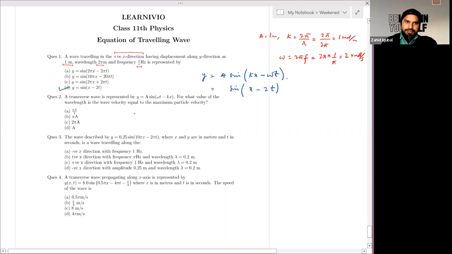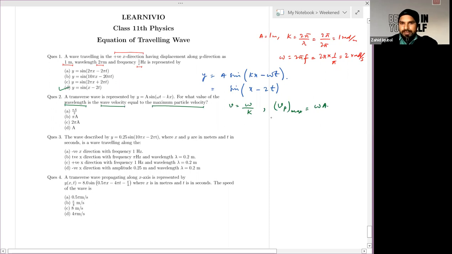Now, in the second question, we have a transverse wave represented by y equals a times sine (omega t minus kx). For what value of wavelength is wave velocity equal to maximum particle velocity? In the last class, I defined wave velocity, which is equal to omega by k. And maximum particle velocity will be simply omega times a.